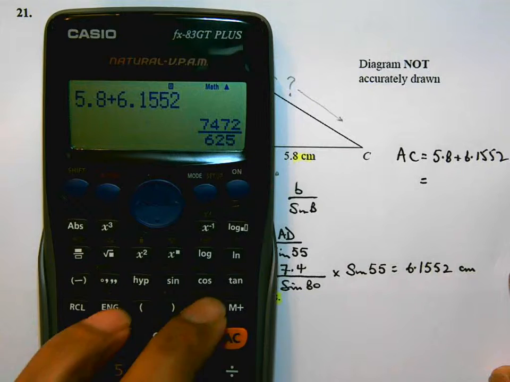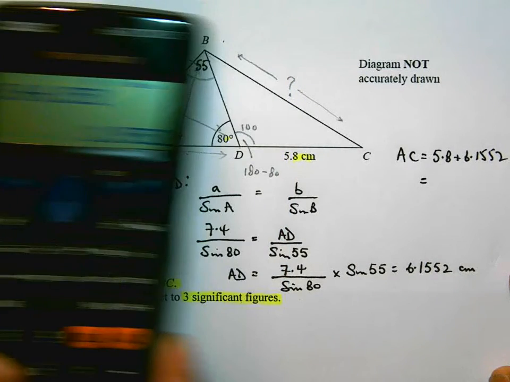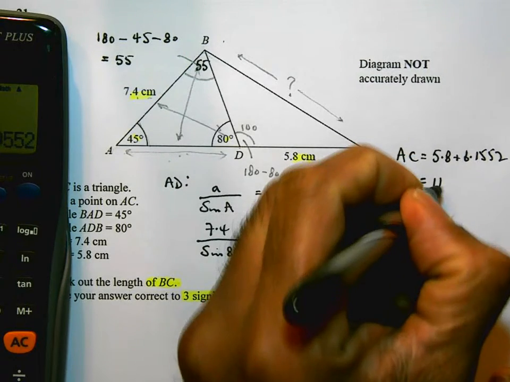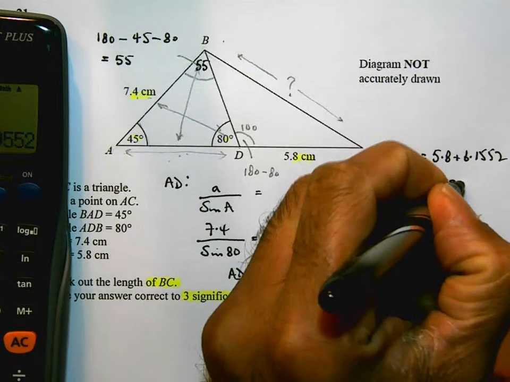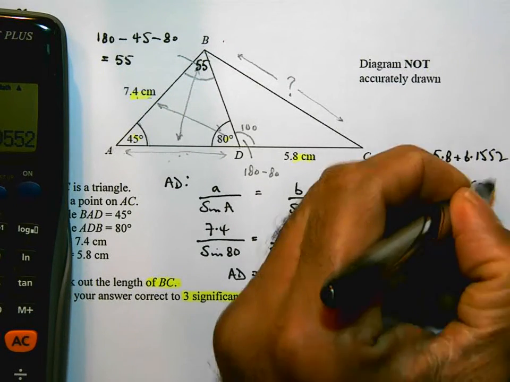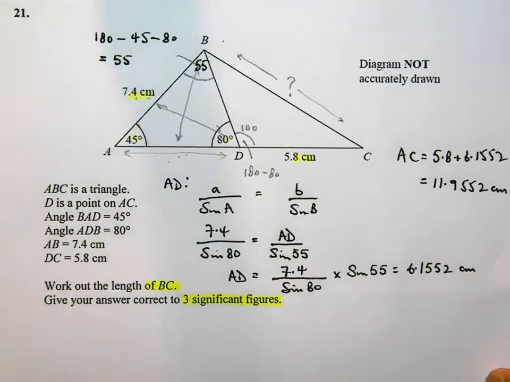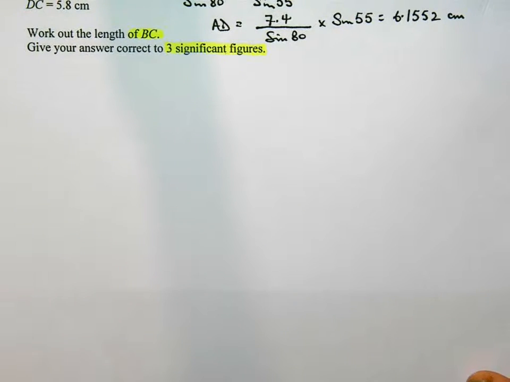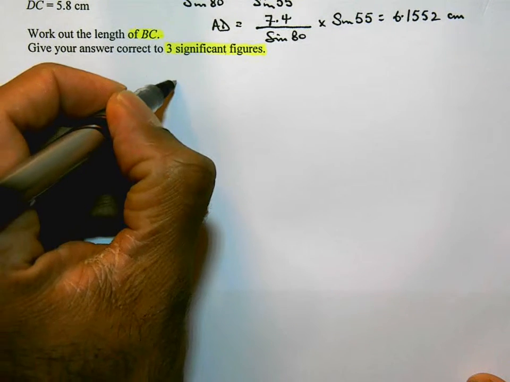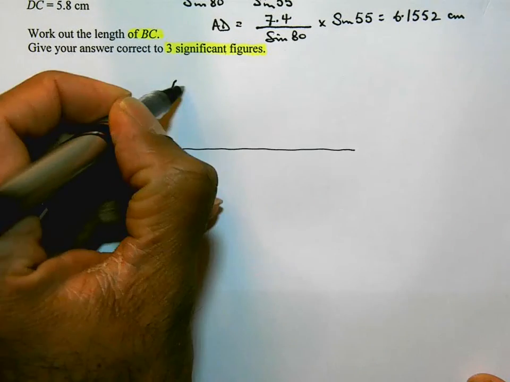Using my calculator again, 5.8 plus 6.1552 equals 11.9552 centimeters.